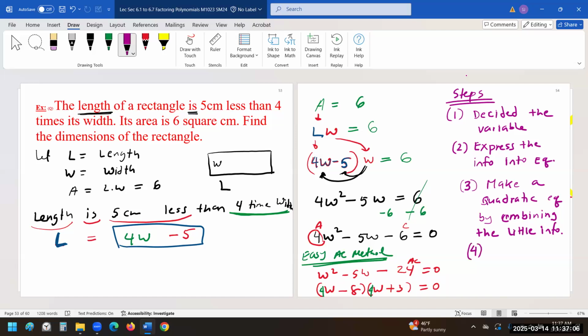Then, bring all terms to one side of the equal sign, factor and solve.